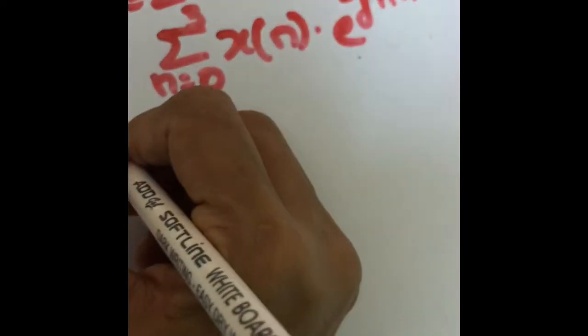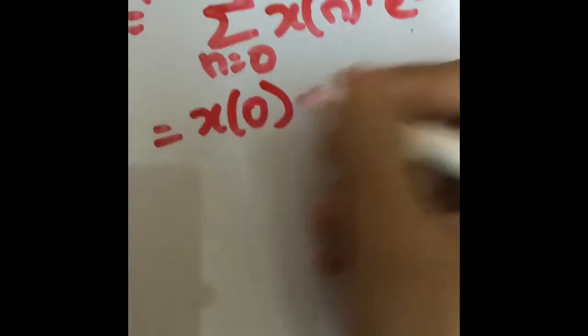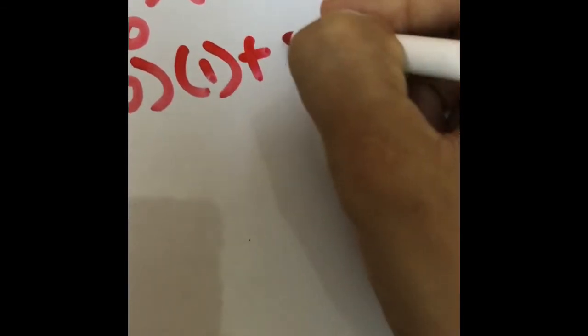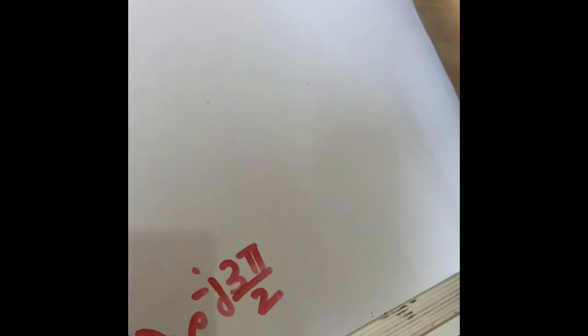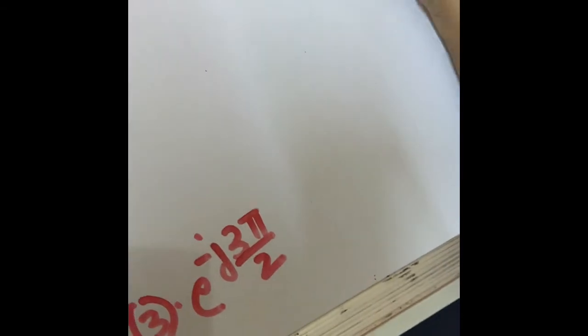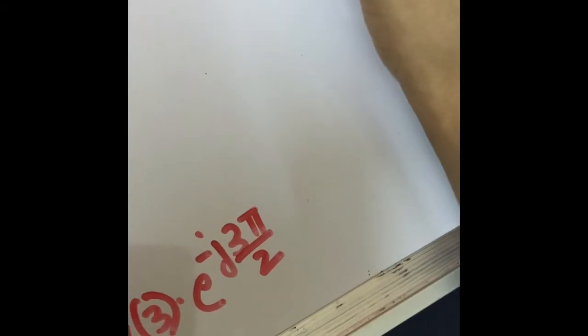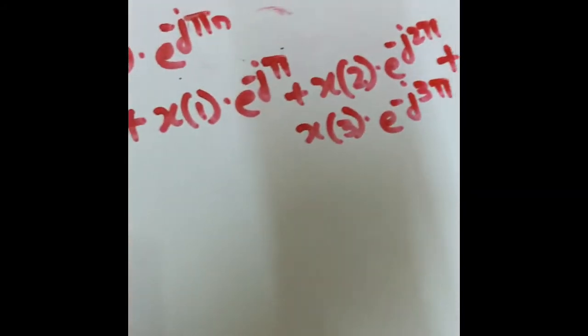So now go on substituting again, open up the summation. It will be x of 0, n is here 0, so it will get multiplied by 1, plus x of 1 into e raised to minus j pi plus x of 2 into e raised to minus j 2 pi plus x of 3 into e raised to minus j 3 pi.